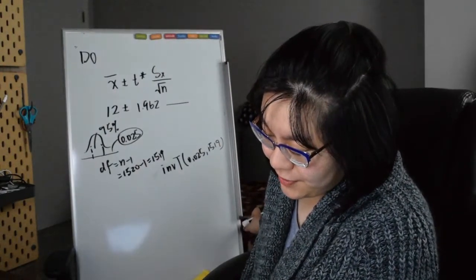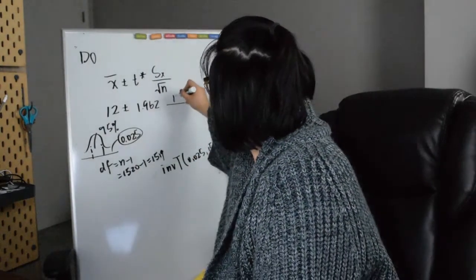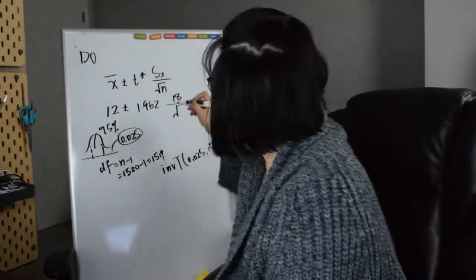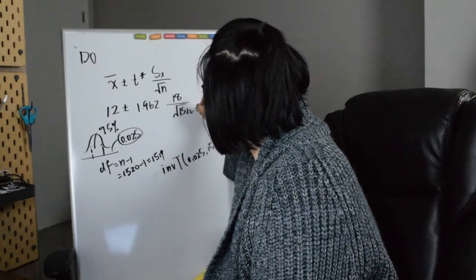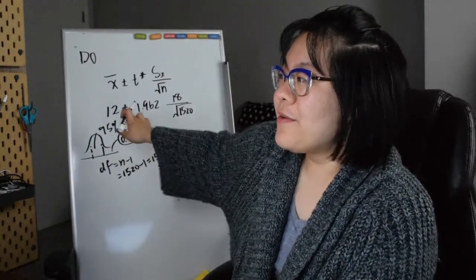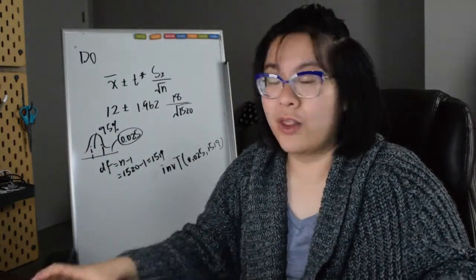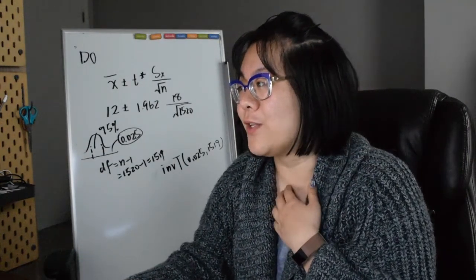The standard deviation we find in the question is 18, and then divided by the square root of your sample size, 1520. Okay, again you're gonna put the whole thing in the calculator. You're gonna do the lower bound or upper bound first and then do the other.